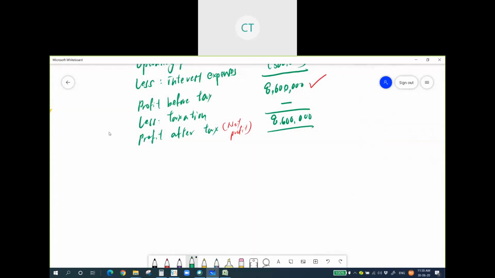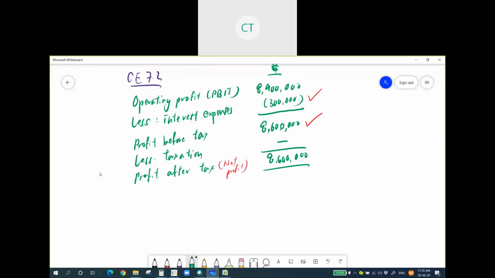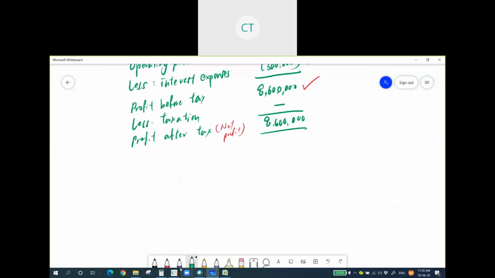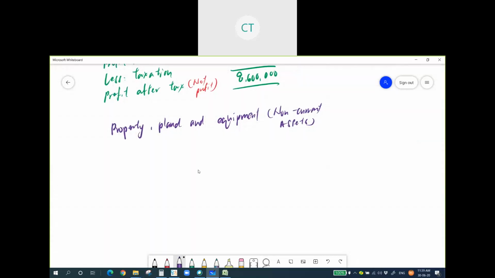Normally, the next adjustment that you need to do in your cash flow statement is regarding the property, plant, and equipment. In some situations, it will say non-current asset. So for the property, plant, and equipment, we will break into two accounts.